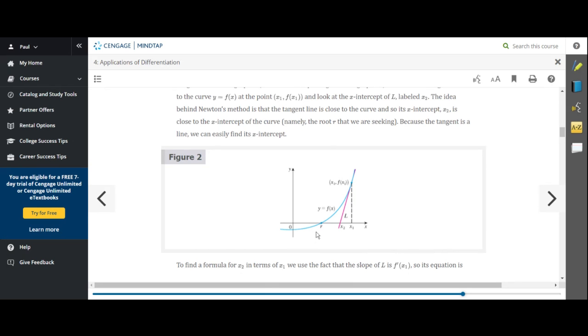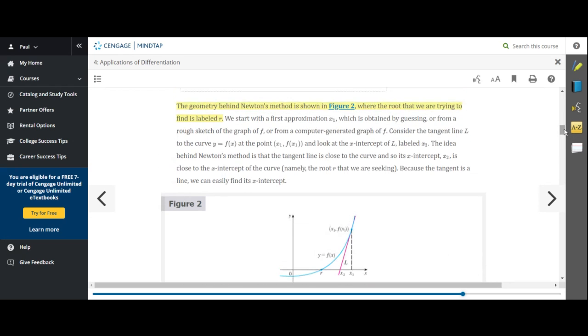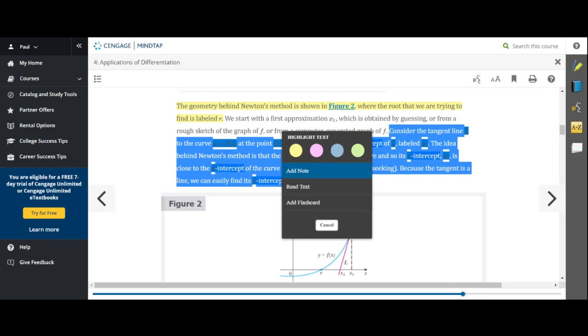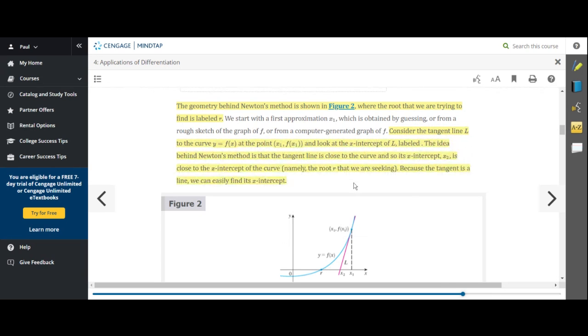You want to find the zero of the function, or the root of the function. Let's say you were just trying to figure out how to find the root r, and you don't have your TI-83/84 calculator with you.